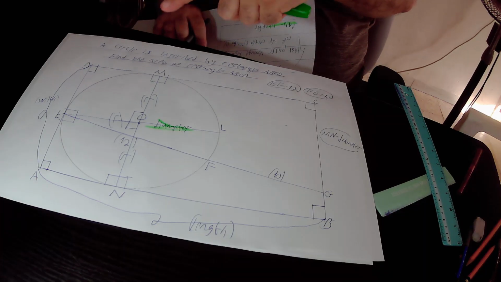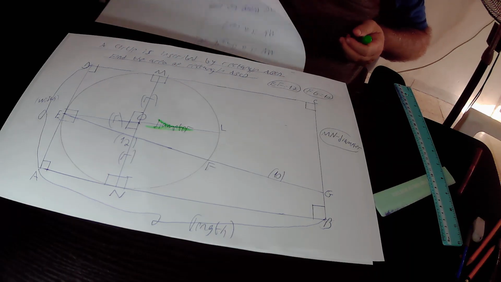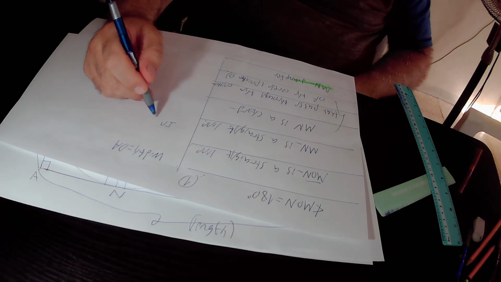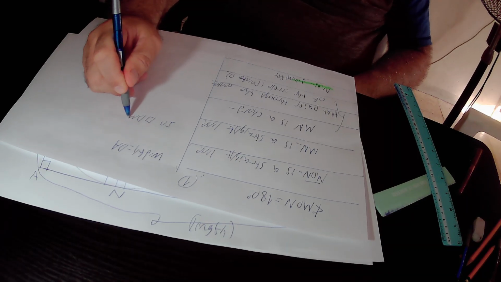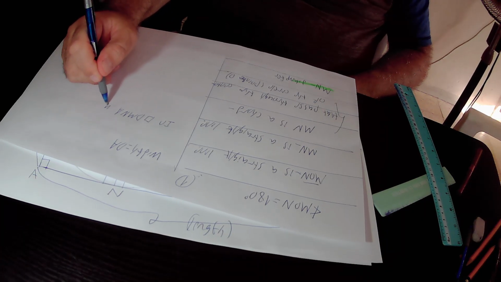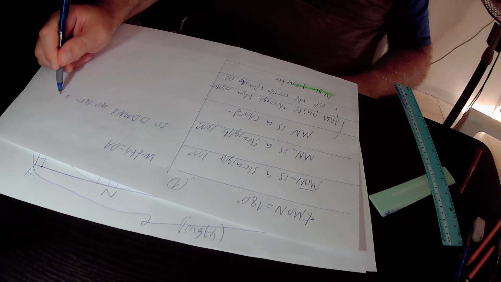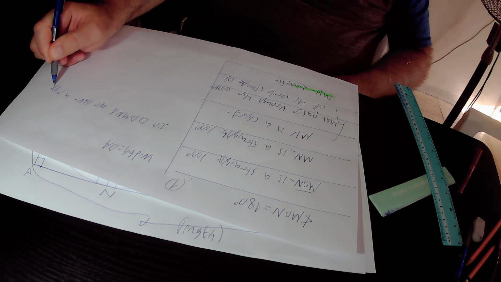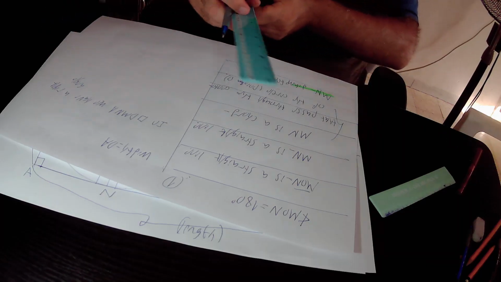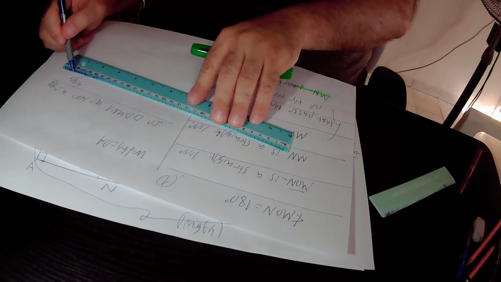And in quadrilateral DMNA we have 4 angles. So write it down: in quadrilateral DMNA we have 4 right angles, and according to rule 5, any quadrilateral that has 4 right angles must be a rectangle, if not a square.